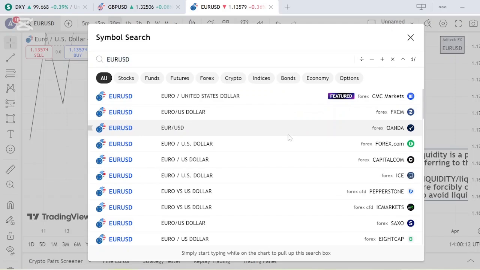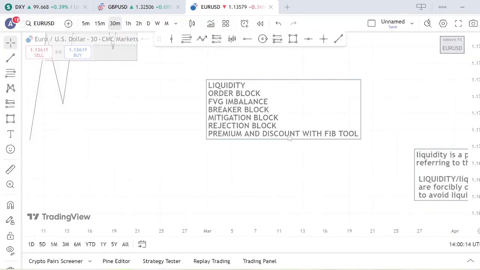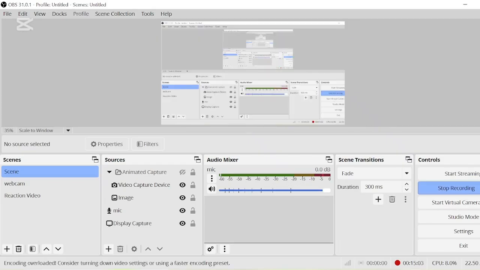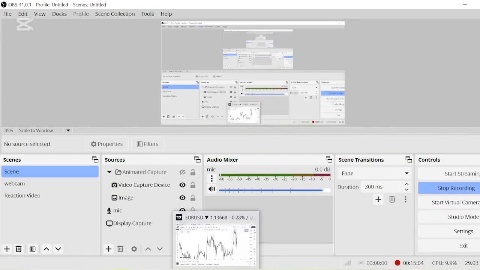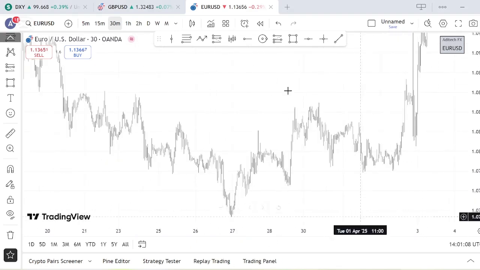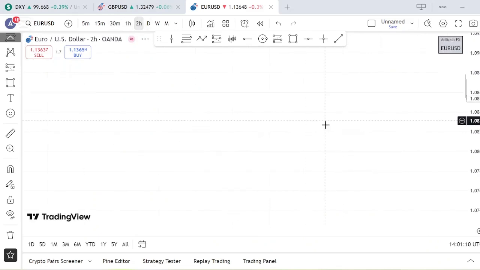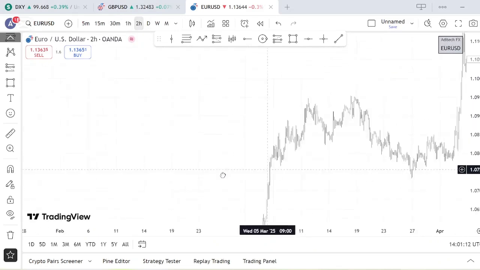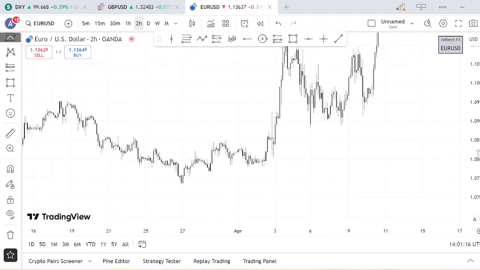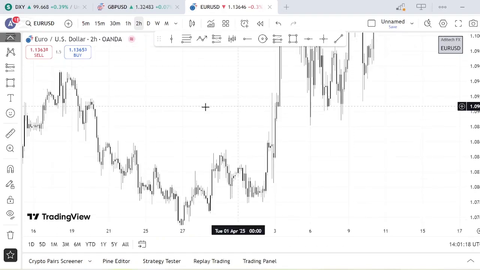So this is Euro USD, and starting from our 2 hours time frame, based on the strategy, we're starting from 2 hours time frame and getting an entry on 30 minutes time frame or 15 minutes time frame, right?